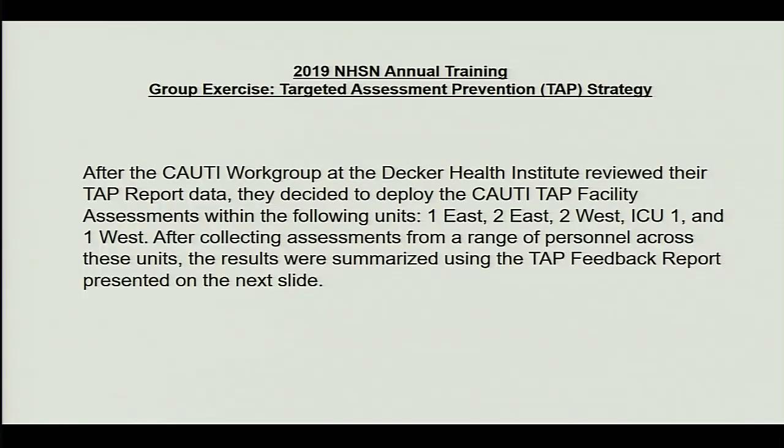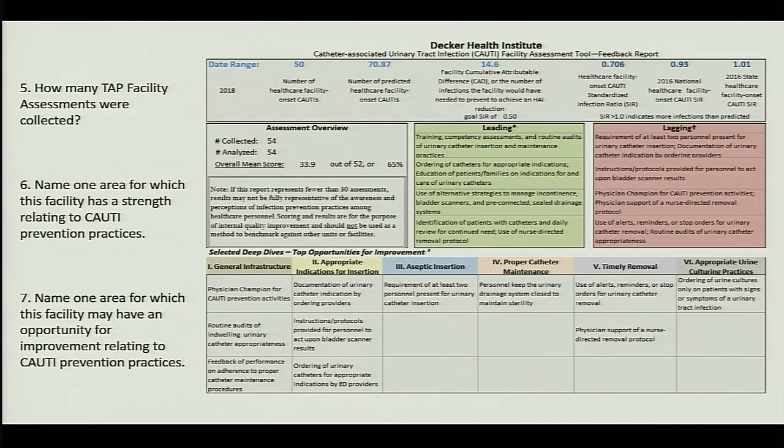But here we are with the example where we ran the TAP report for CAUTI, as Rashad just went through, and our CAUTI work group at Decker Health Institute, we reviewed the TAP report data, and we decided to deploy the TAP facility assessments for CAUTI within the units that you all just identified, 1 East, 2 West, ICU 1, and 1 West. So we collected all of those assessments, and we created the feedback report that we see here.